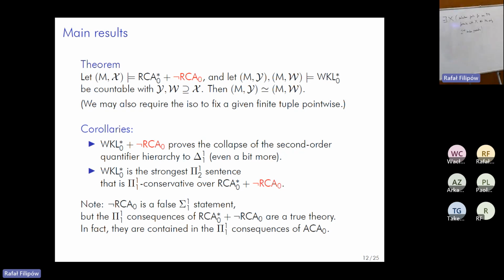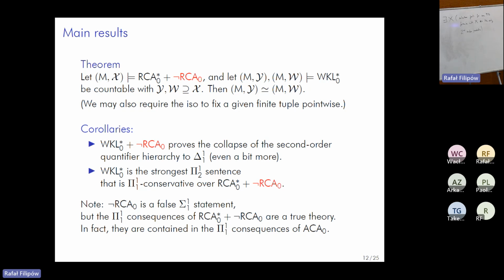It implies, we'll come to why, that in models that have such a set relative to which Σ₁ induction fails, weak König's lemma actually implies the collapse of the second order quantifier hierarchy. So if you think of the second order quantifier hierarchy as the analytic hierarchy, which in general makes sense, weak König's lemma in this context, if you don't have a lot of induction, implies the collapse of the analytic hierarchy to Δ¹₁, even a bit lower, in fact.